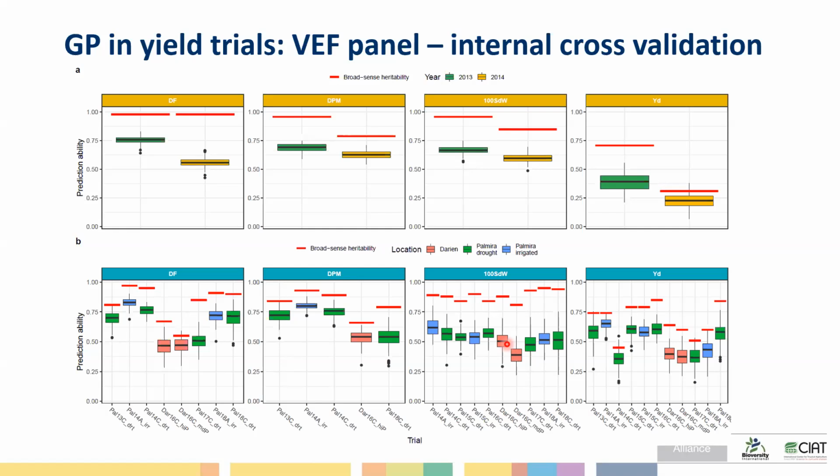We could say that it was a low quality experimental design in this location. Another important highlight that was observed was the correlation between broad sense heritability and the prediction ability in all these traits.